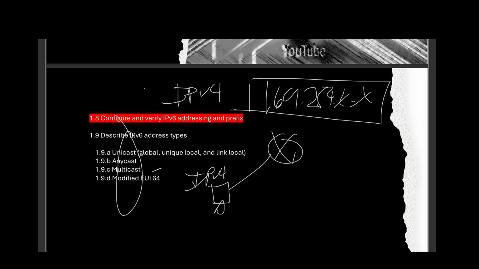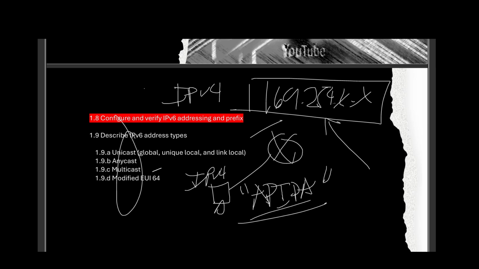This is the auto configuration for IPv4, and you might have heard of it before. This is called APIPA, or automatic private IP addressing. What it means is Windows or your device will create its own IP addressing, reserved for that, so that whenever there's no setup on that network, your two computers will still be able to communicate, right?